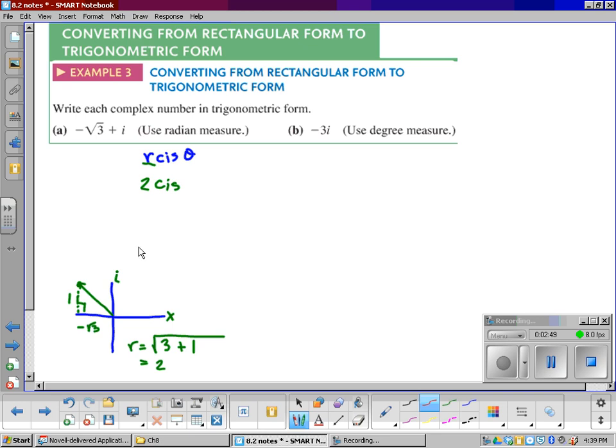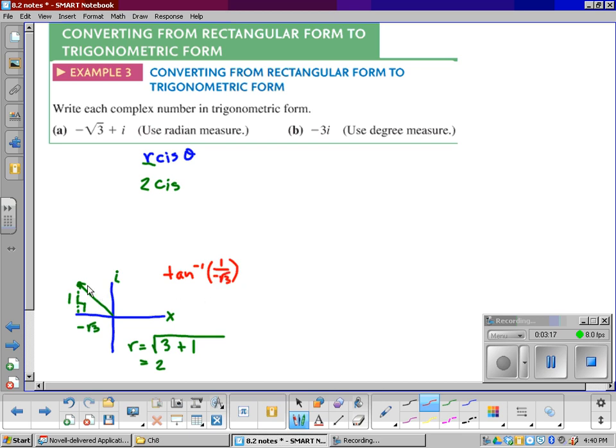To find the theta, you want to use the tangent inverse of the tangent value that you can read right off of the triangle. You're always going to have your adjacent and your opposite sides because of the graph that you do of the complex number. Remember that tangent is opposite over adjacent, so tangent inverse is going to be of 1 over negative square root of 3.